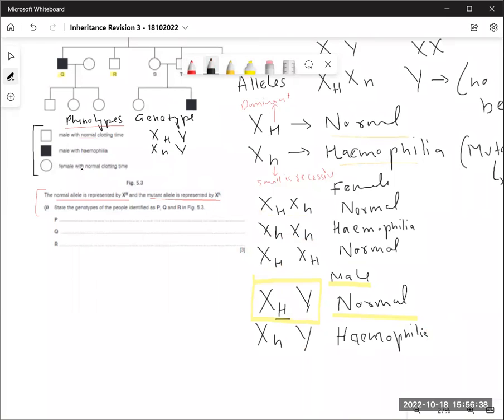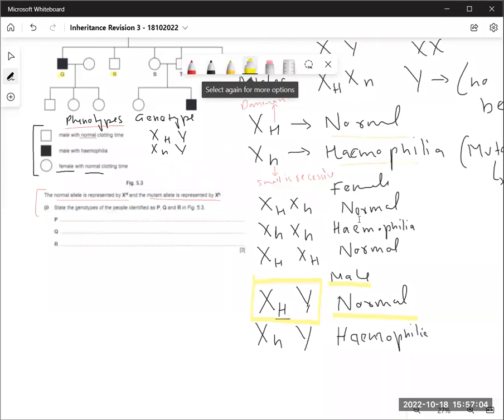Now, Zahara, for female with normal, what are the possible genotypes? Rachit, write the answer for the last one in the chat. Sir, can you repeat the question again? The question is, for female with normal clotting, what are the possible genotypes? XH XH.